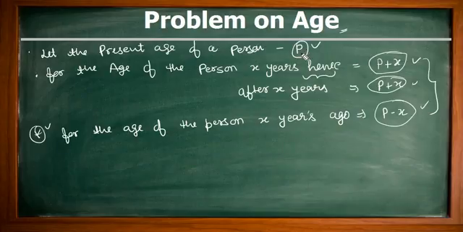Suppose the present age of a person is P. The age of the person after X years will be P plus X, and X years hence will also be P plus X. And for the age of the person X years ago, it will be P minus X. Basically these are the basic concepts of ages.